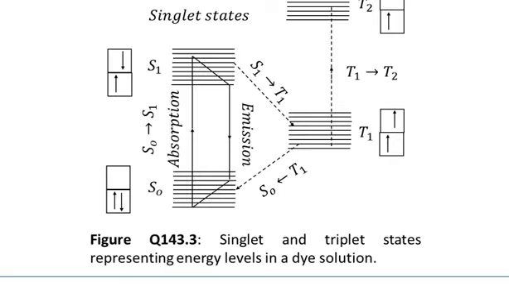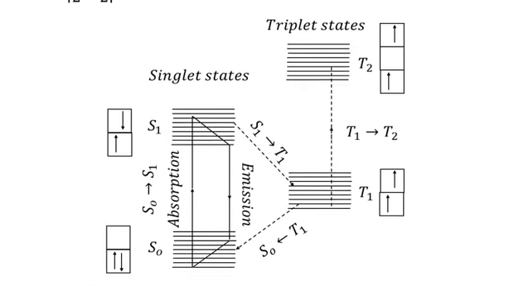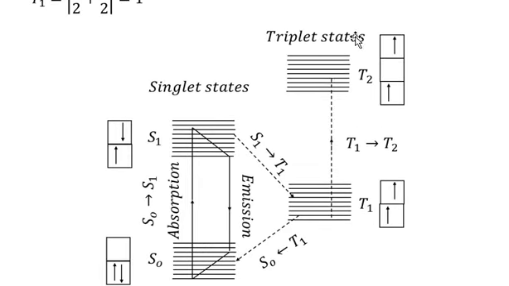And in the triplet case, both have spin equal to 1. For the triplet T1 the total spin S is equal to 1, and the total spin for the second triplet T2 is also 1. So both have spin equal to 1, and the change of spin delta S equal to 0 is also permissible.